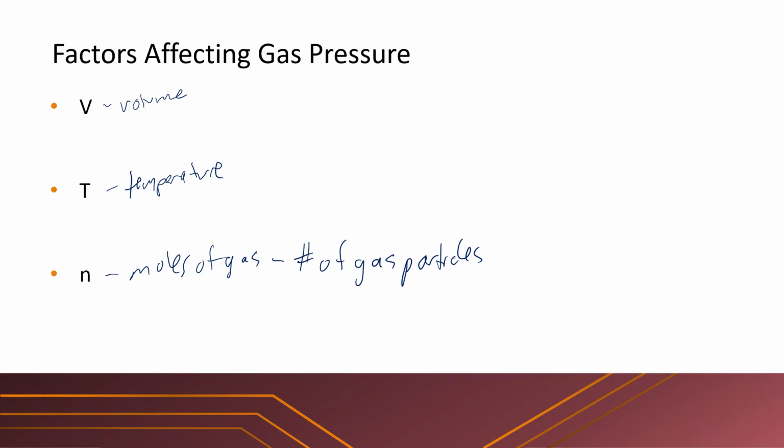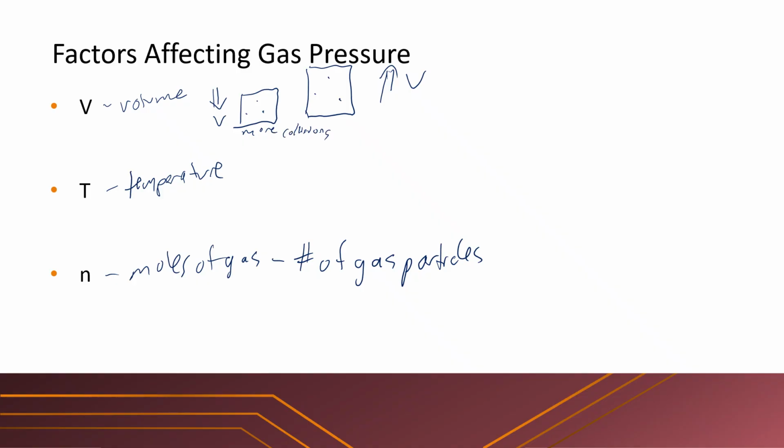Now, how do these things affect the gas pressure? Let's talk about volume first. Volume is the space it has available to move around in. So this first box has less volume and the second box has more volume. If I have 3 particles in there, the 3 particles in the smaller container will have more collisions because there's less space.